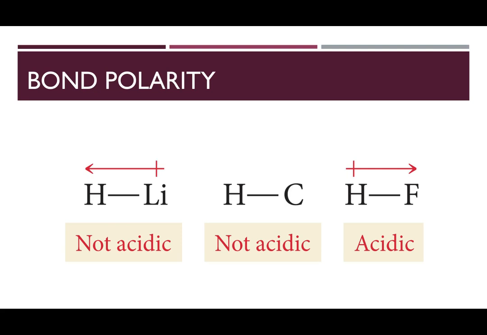The electronegativity for hydrogen is 2.1. The electronegativity for lithium is 1.0. If I subtract the electronegativity for these two atoms, it is a polar bond, right? It's between that 0.5 and 2.0, so it does fall within the polar region.